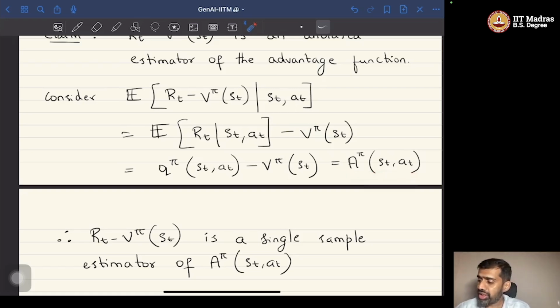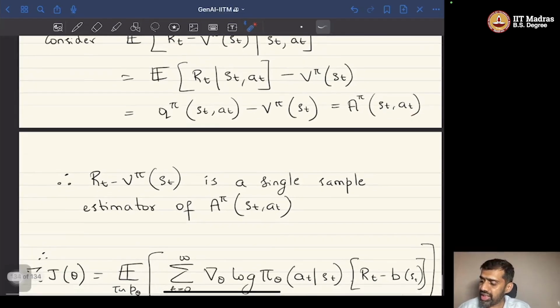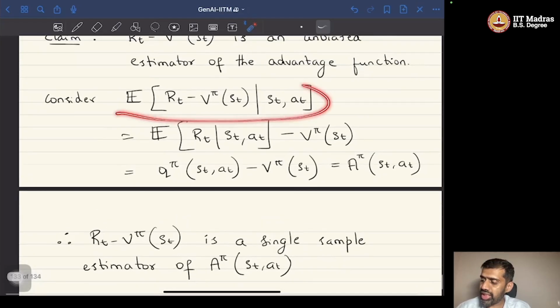Now what did we just show? We just showed that the expected value of this difference is equal to the advantage function. Now if we just take rt minus V pi of st, it's very easy to note that this is a single sample estimate of the expectation that we have here, right?